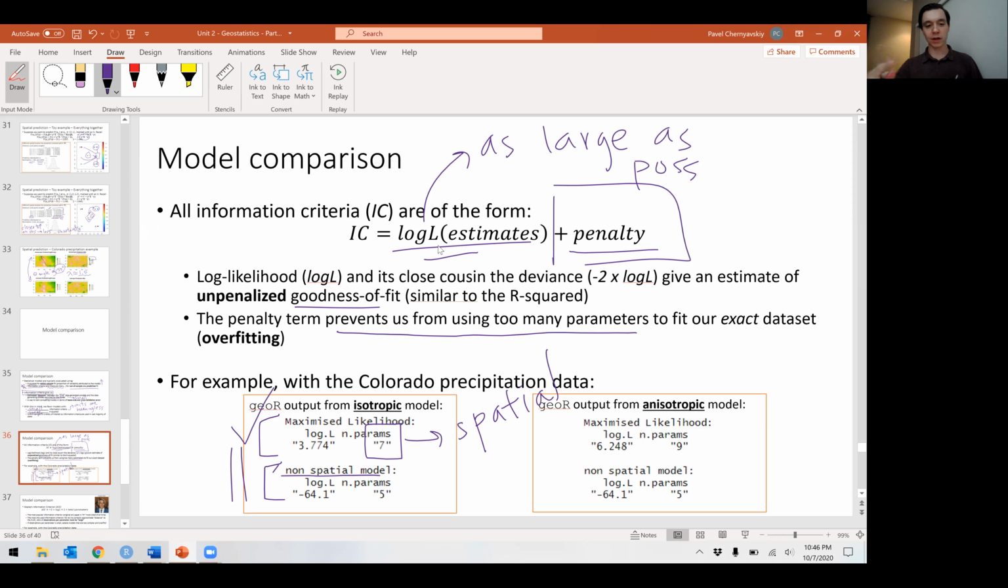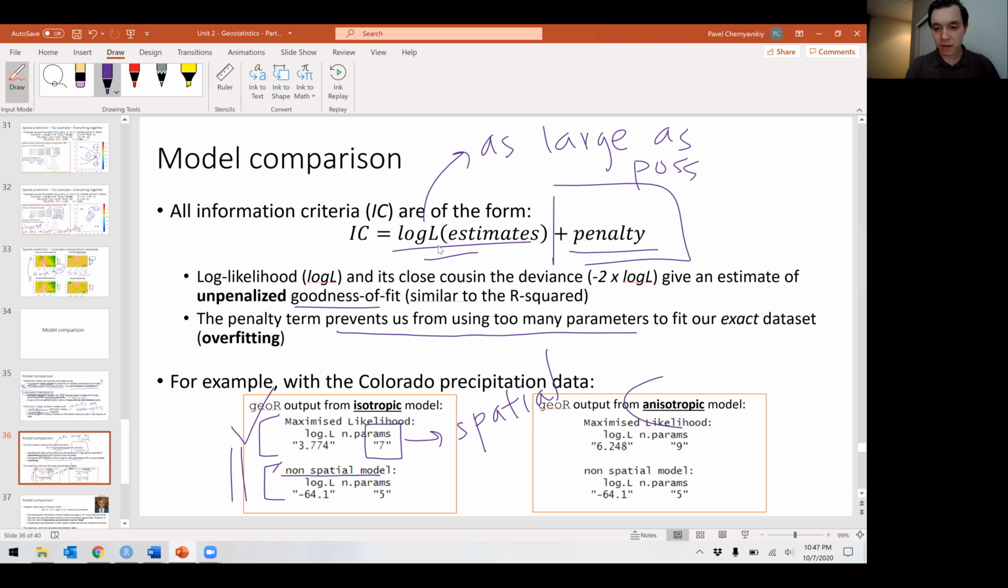I need 2 more to make it to my isotropic spatial model. Well, the one additional one that an isotropic spatial model estimates is the range parameter, that makes 6. And then which one is the other one? Well, in a spatial model, we partition that residual standard deviation into a spatial and a non-spatial component. So that's how we get 7 total parameters.